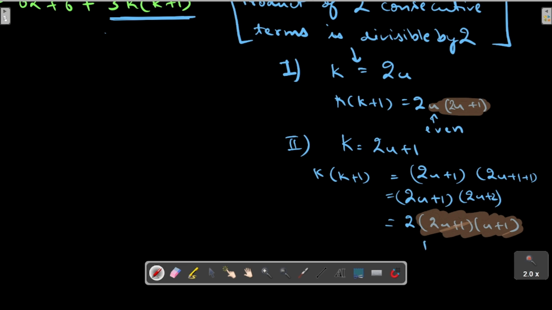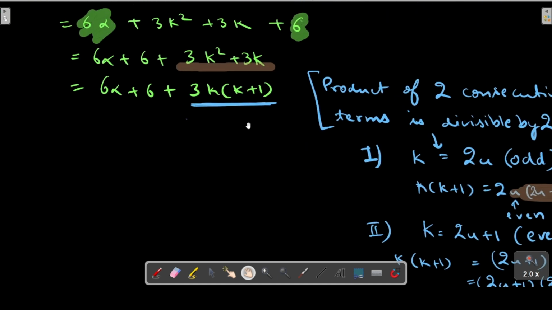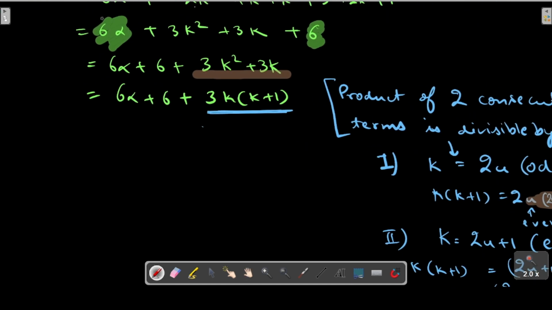So now from both the cases, whether k is an odd number or an even number initially, we are going to get this even. So can I say this will be 6 alpha plus 6 plus some 2u dash type, right?